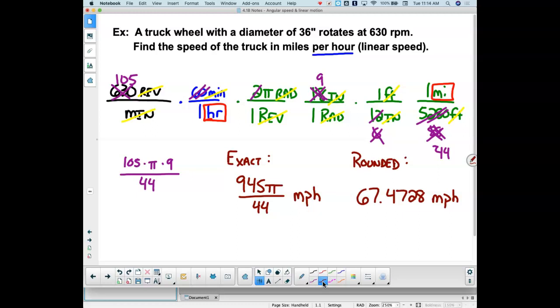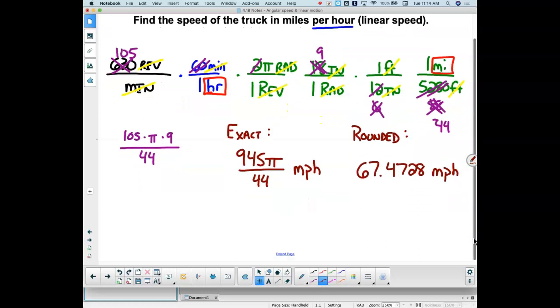Okay, let me get rid of the pi on that one. On top I'd get 1360800 pi, and on the bottom we'd get 12 times 5280, which if I do that, then I still get 67.4728.